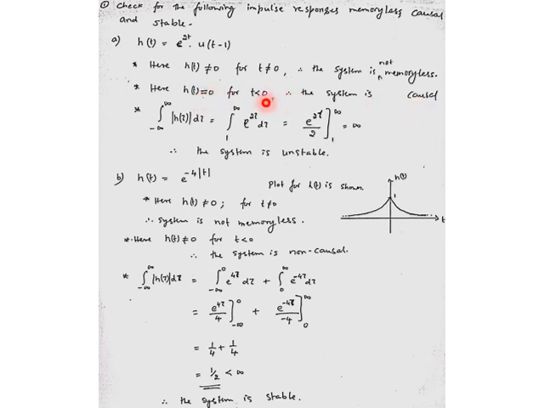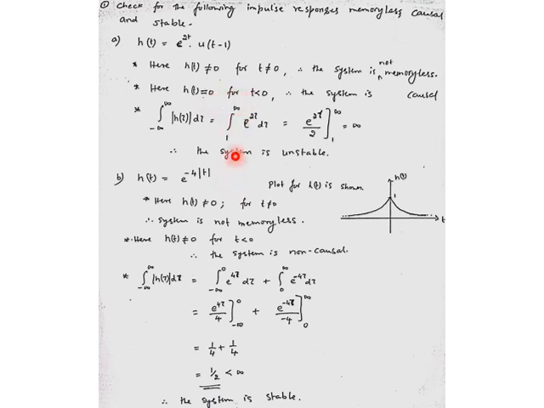If the system is said to be non-causal, then it depends on the present and the future values. So here it is causal because h of t is equal to 0 when t is less than 0.